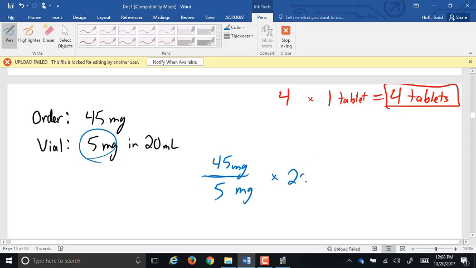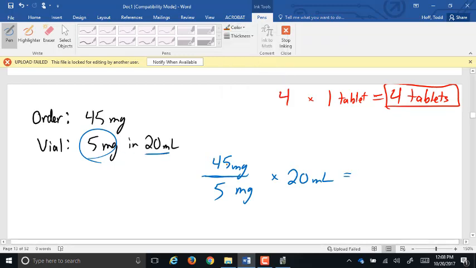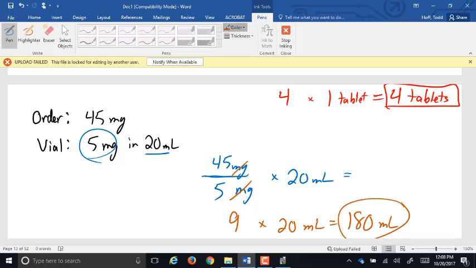The vehicle, it takes 20 milliliters to carry that 5 milligrams. So we're going to divide 45 milligrams by 5 milligrams. The milligrams cancel out. 45 divided by 5 is 9. Times 20 milliliters is 180 milliliters.